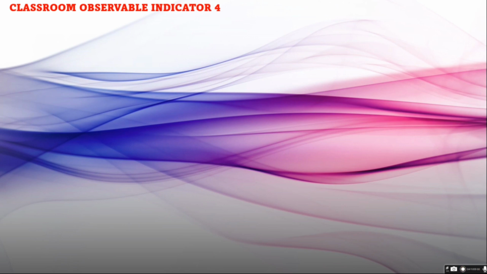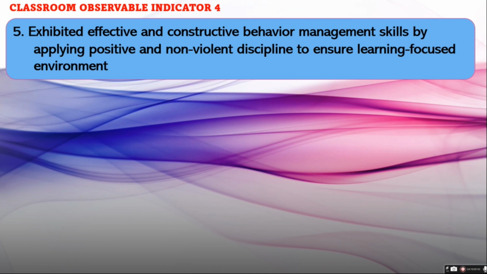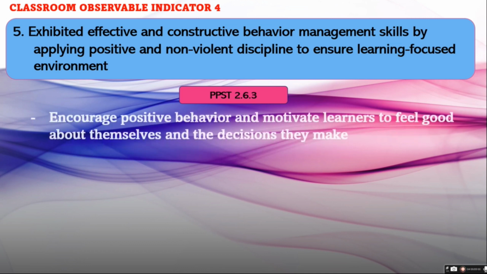Next one is classroom observable indicator number 4. That is from objective number 5, exhibited effective and constructive behavior management skills by applying positive and nonviolent discipline to ensure a learning-focused environment. With this, we can make use of the PPST 2.6.3 for tips and suggestions.